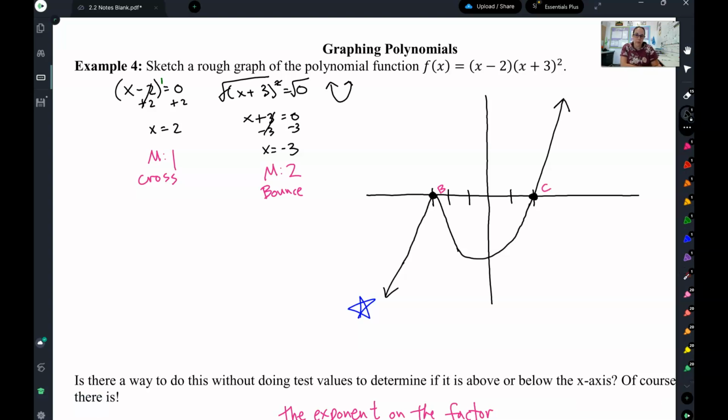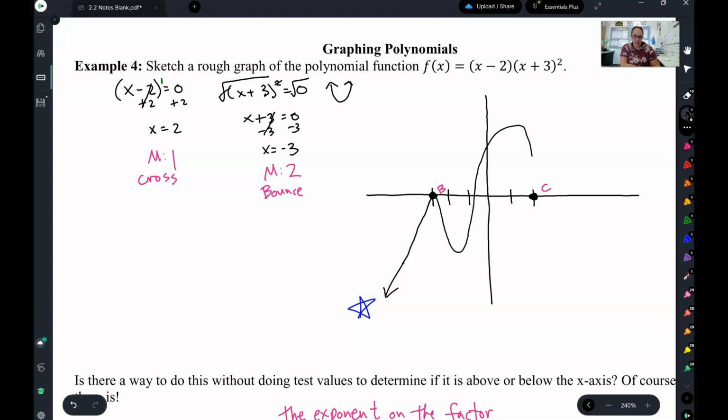Now, before we talk about the y-intercept, the next thing I want to talk about, this is a very common mistake that I see students make, is they'll say, okay, I bounce, and then I come like this, and then I cross, and I'm done. And they're like, hey, I bounced there, I crossed there, I'm good to go. However, there's a problem with this graph because you have now created a third x-intercept.